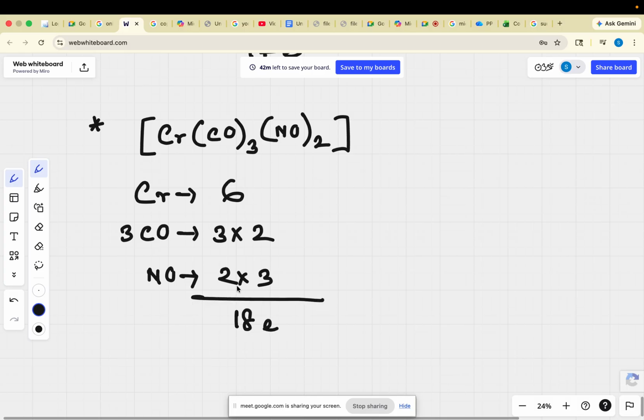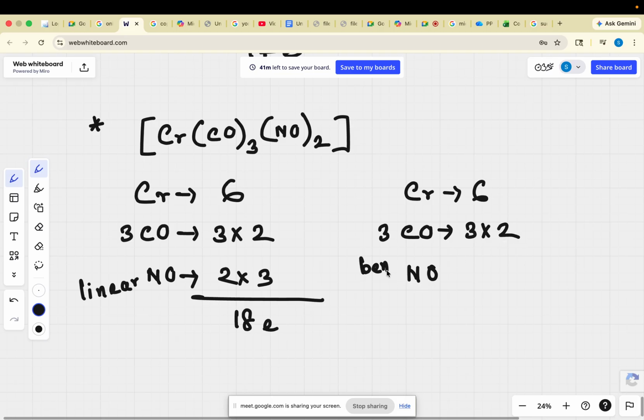Now NO donating 3 electrons means which kind of NO? Linear or bent? Linear. You can ask me, sir, why are you not considering bent NO? If you consider bent NO, chromium donates 6 electrons, and the 3 carbonyls again give 6 electrons. But bent nitrosyl donates 1 electron, so 2 into 1.